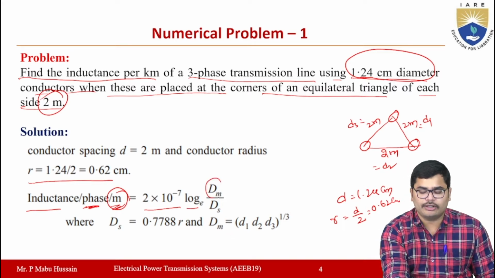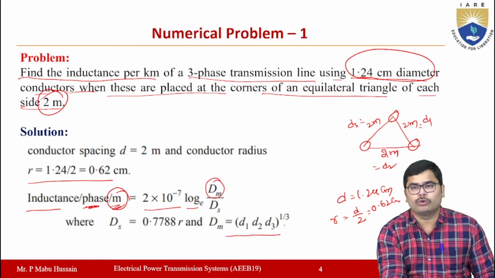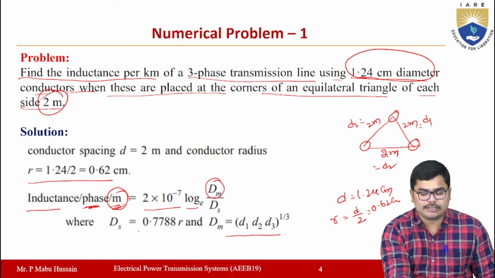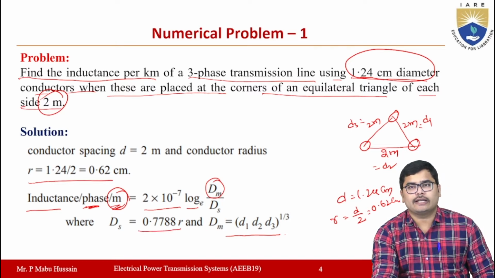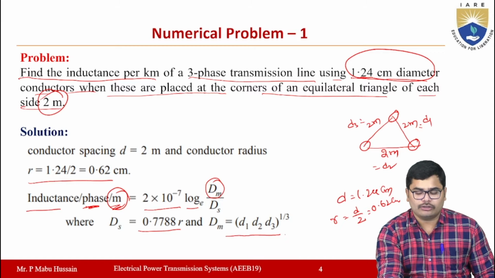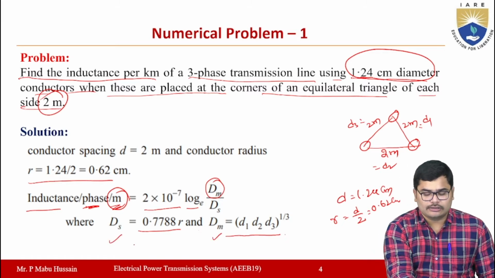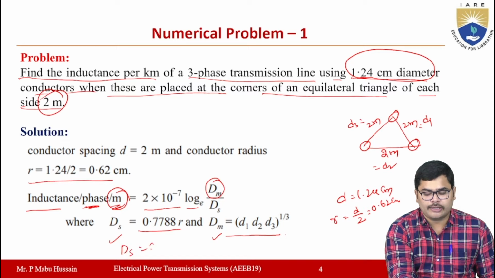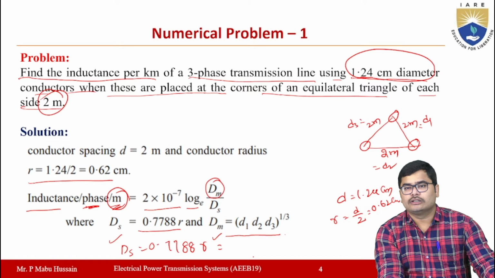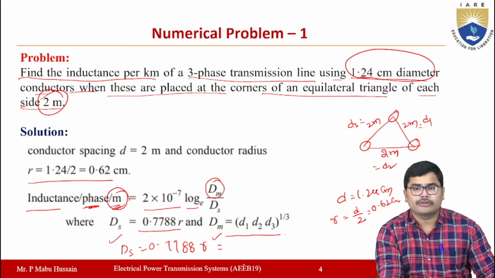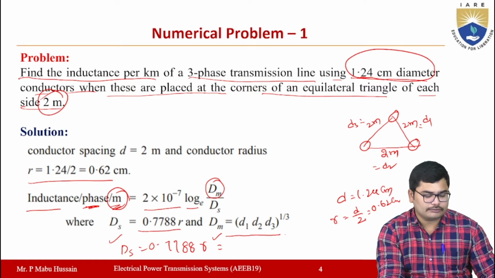Now here the value of Dm will be (D1 · D2 · D3)^(1/3), and the value of Ds is 0.7788 times the R value. Right. Now you have to calculate the values of Dm and Ds using these expressions. So the Ds value is equal to 0.7788 times the R value. Now here you have to substitute the value of R and see what the value of Ds is.